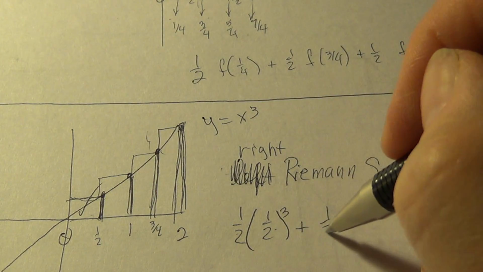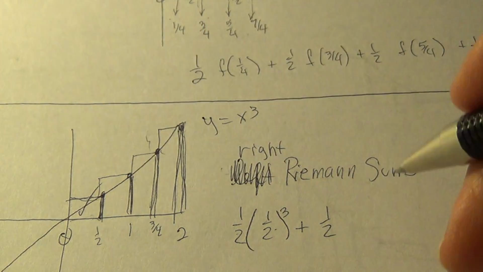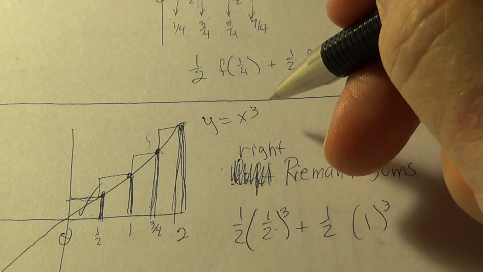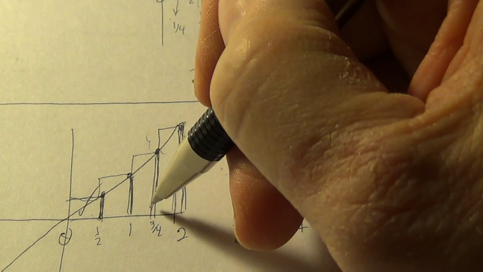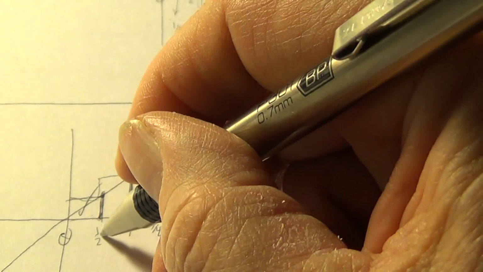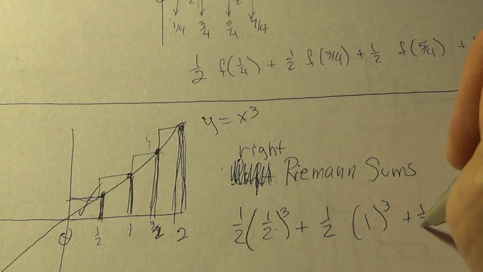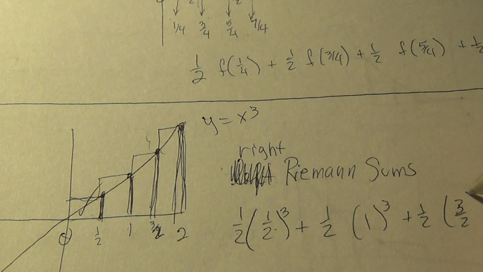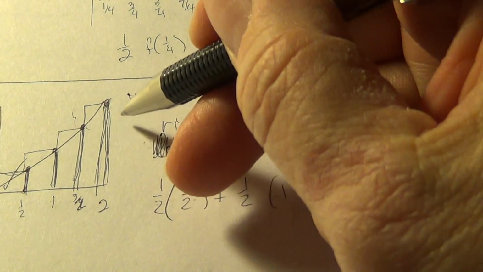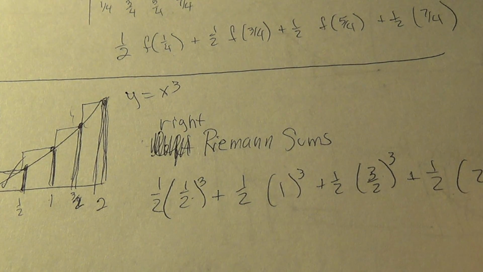The next one is 1/2 in width. Its height is when we put 1 into the curve, x cubed. Then we're up to 1.5, so that's 3/2. 1/2 times 3/2 cubed. And the last box is going to be 1/2 times 2 cubed.